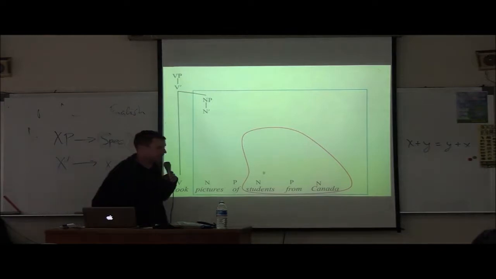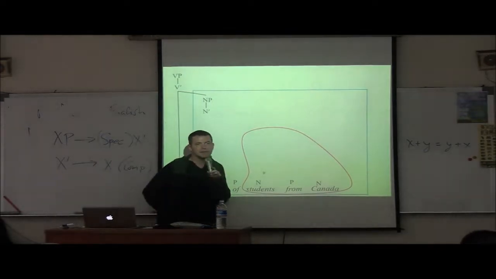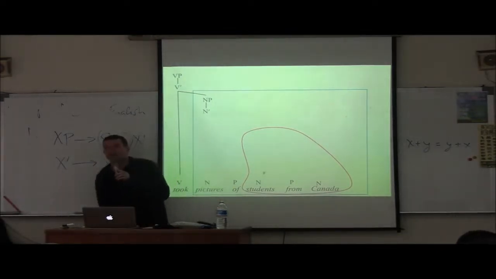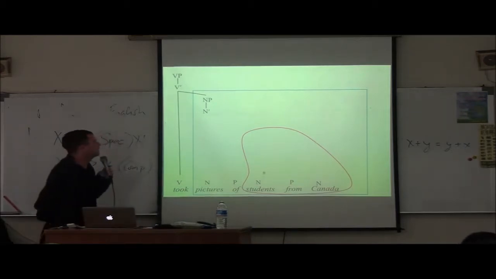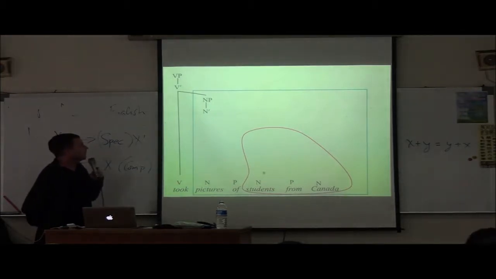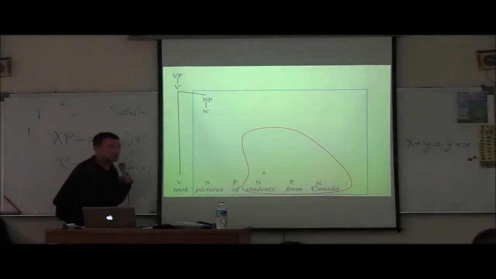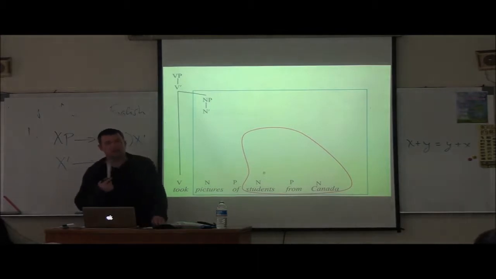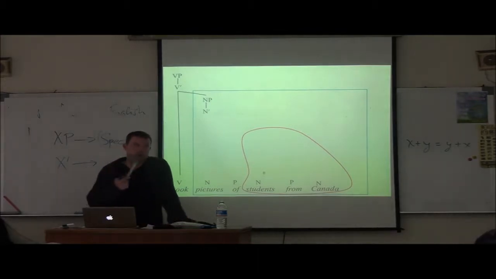NPs are the mother of N bars and specifiers if there are any, but there are no specifiers in this phrase, so we don't need N bar to have any sisters. The head of this NP is pictures, obviously. Of students from Canada modifies those pictures. Is "of students from Canada" an adjunct or a complement?